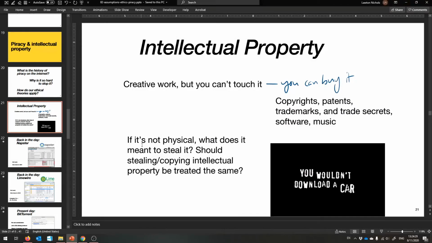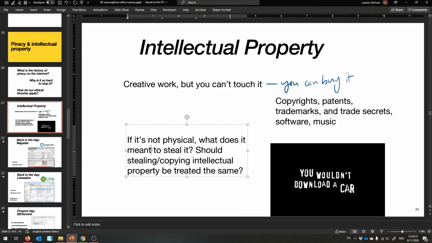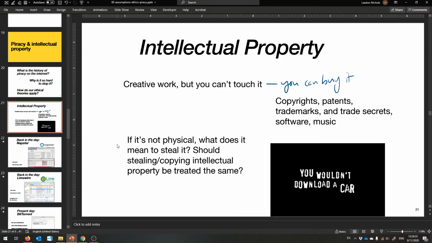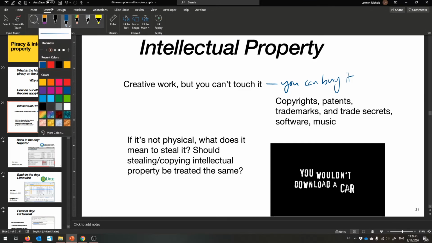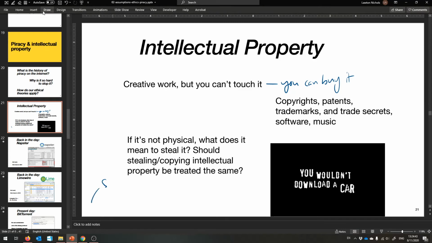And, well, if it's not a physical thing, then how do you steal it? So, is it the same as stealing? Because when you steal, there's one object, right? There's, I don't know, a bag of money. If you steal that, you put it over here, well, it has to move.